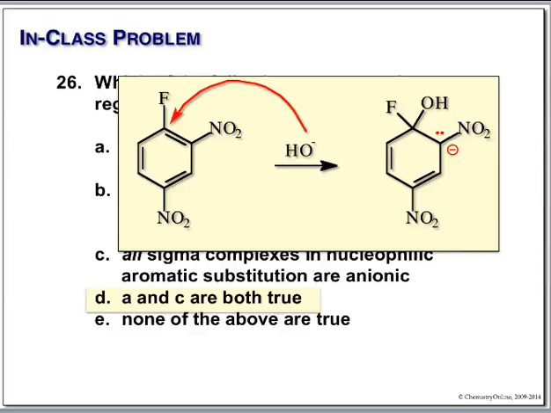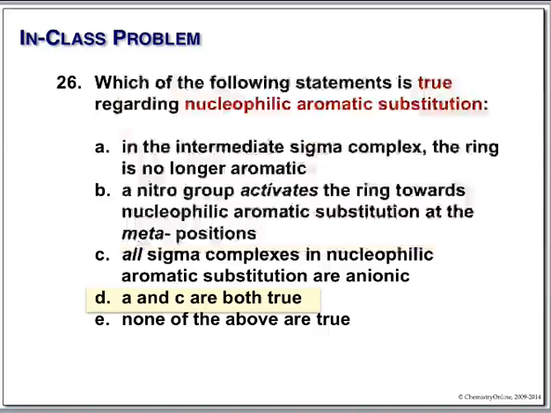Quick question. It says a nitro group activates the ring towards, and you said that isn't true. So if it deactivates it, is that why it's A and not C? Go back to the one about activating at the meta positions. First of all, a nitro group never activates.